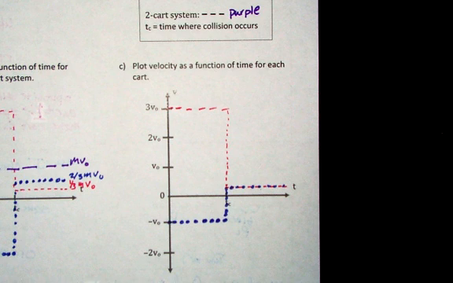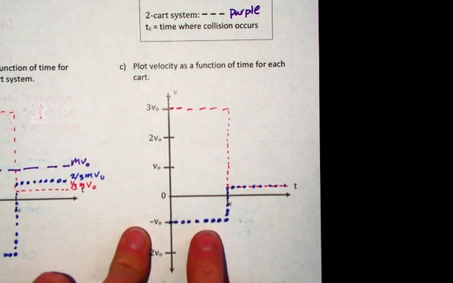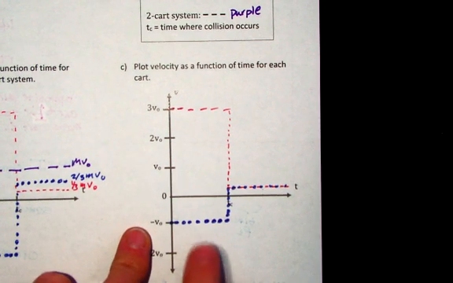And which one had a greater change in velocity? The red one. Or I should say speed even. It had a greater change in speed. It was going really fast, and then it had a huge change in speed, and that's most likely due to the fact that the mass of this other cart was bigger in comparison.